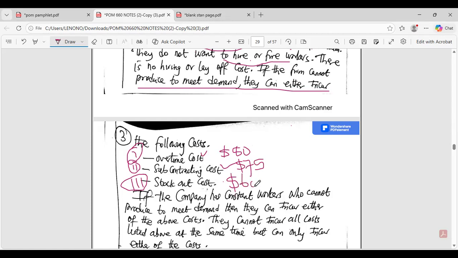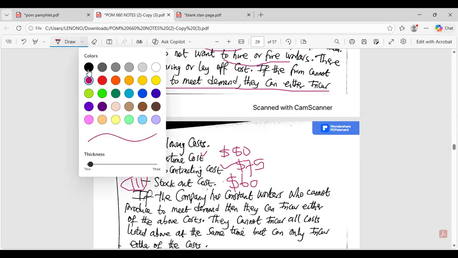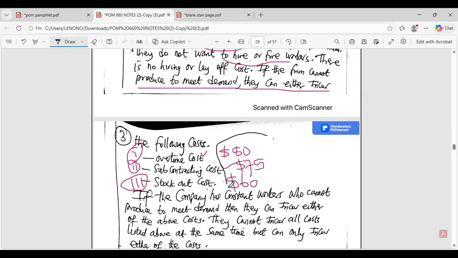Which one would you go for? Because the objective of everything else is to minimize the expenditure. Stock out cost, yes, because it's the cheapest among the three provisions.